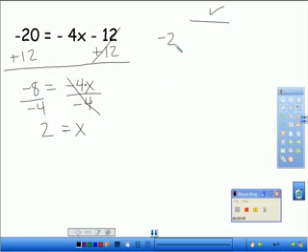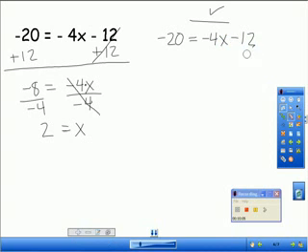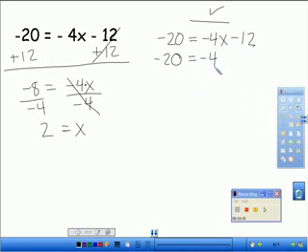So we're going to rewrite the equation. Negative 20 equals negative 4x minus 12. Oops, wrong one. Negative 20 equals negative 4 times 2 minus 12.